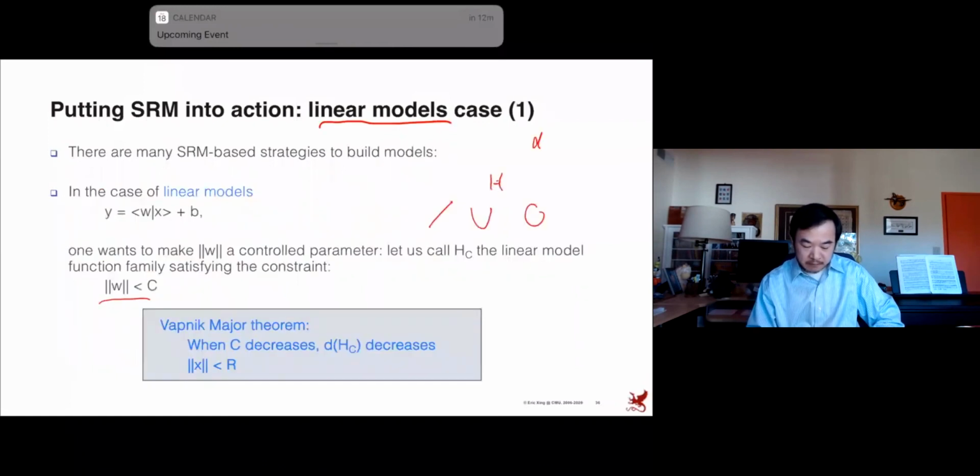Okay, so the Vapnik theorem says that when the value of the norm of this parameter decreases, then the VC dimension of the hypothesis defined by this is also decreased. Right? So we can actually leverage this particular theorem to make the loss function directly dependent on the VC dimension.